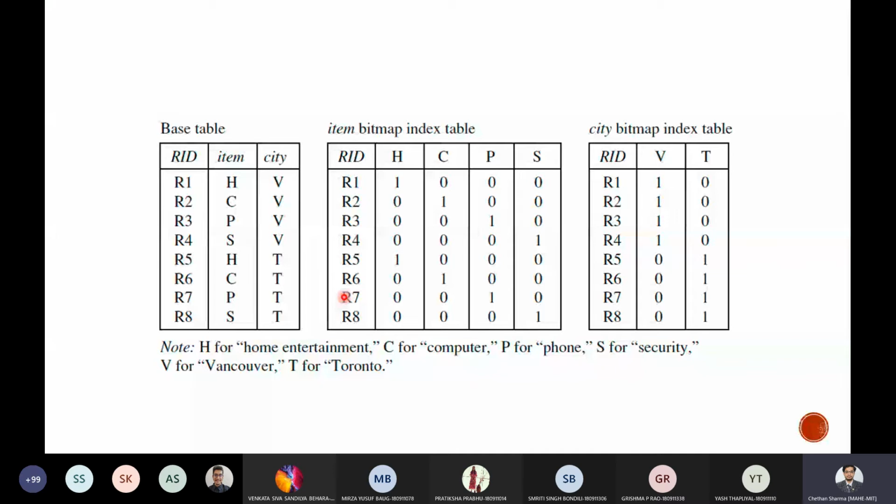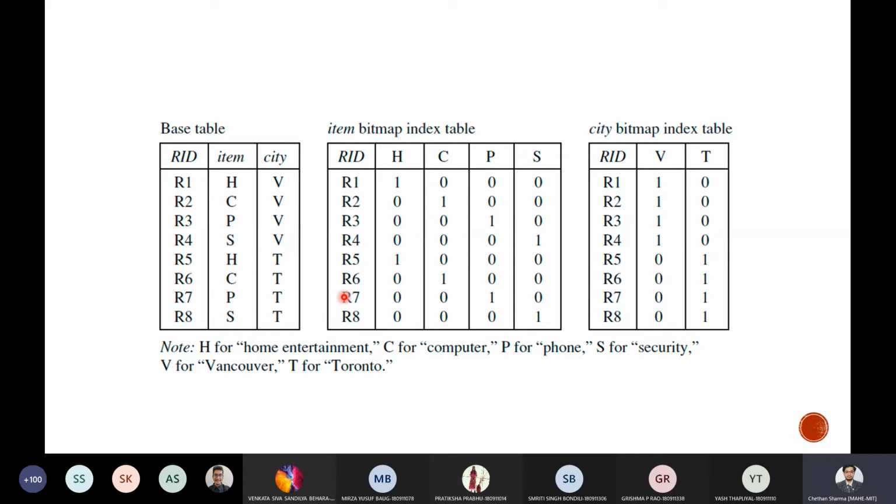This particular example shows one case of indexing OLAP data using bitmap indices. This is a data warehouse of a particular organization, and this is with respect to the dimension item, which contains four values: home entertainment, computer, phone, and security.